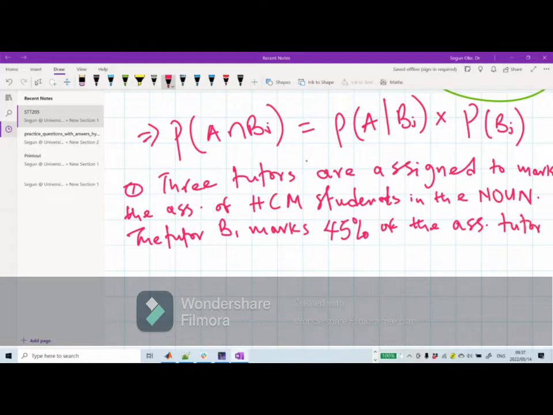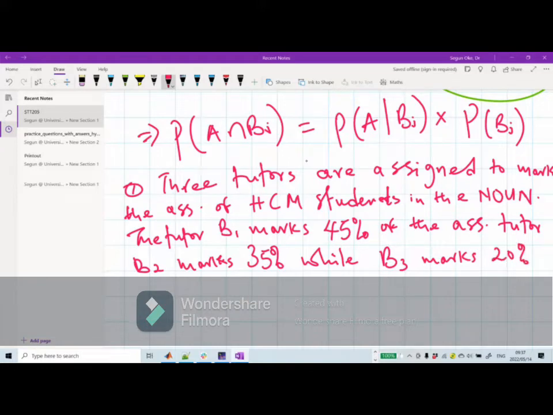Tutor B2 marks 35%, while tutor B3 marks 20% of the assignments.